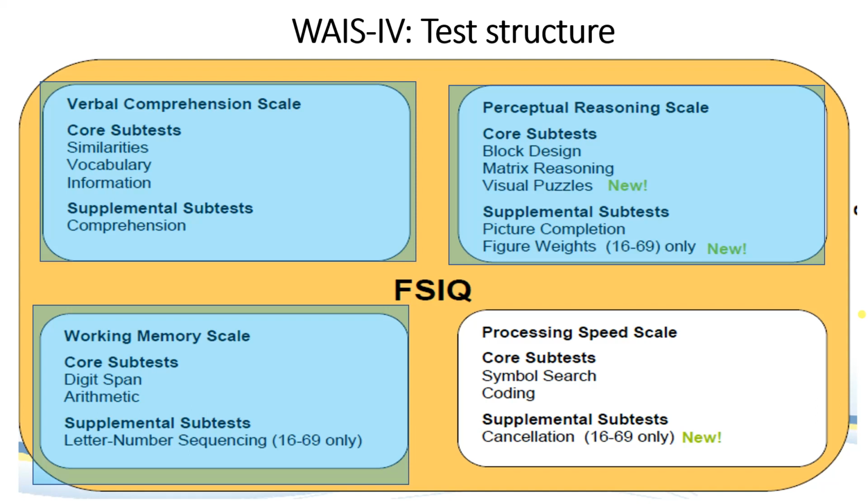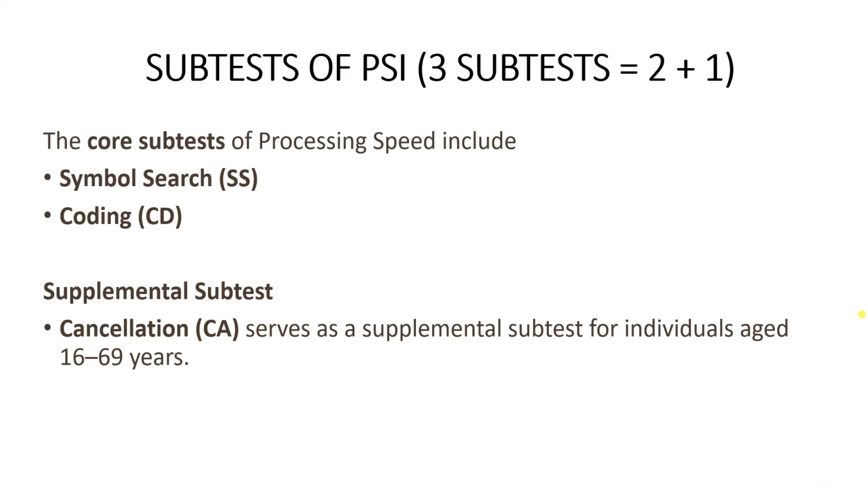In this third lecture, I will cover the fourth scale, that is the processing speed scale, which consists of three subtests: two core subtests, namely symbol search and coding, and one supplemental subtest, cancellation, which serves as a supplemental test for individuals aged between 16 to 69 years.